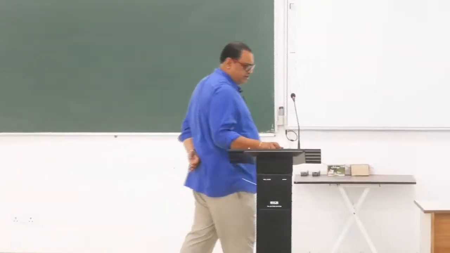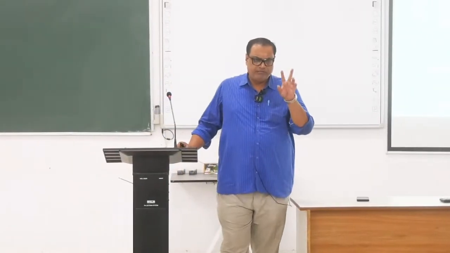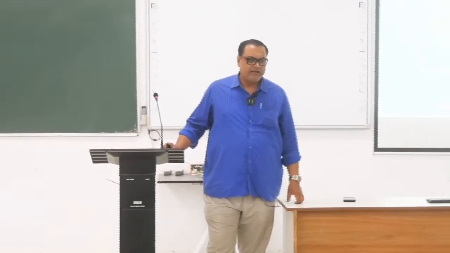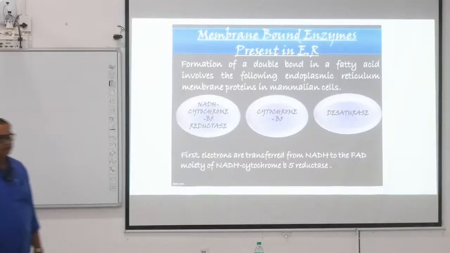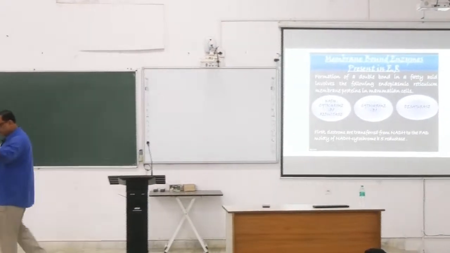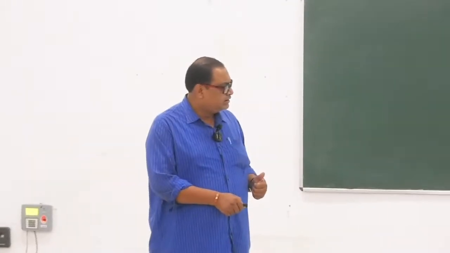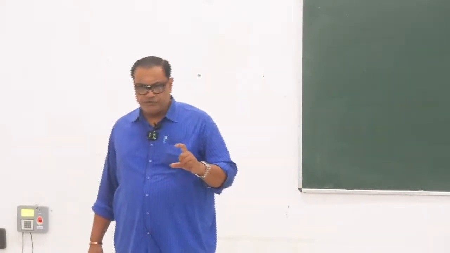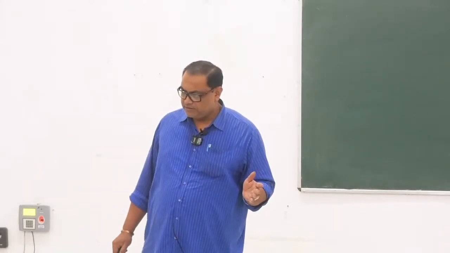Now this chain elongation system broadly has two types of enzyme. One is reductase, another is desaturase. Desaturase introduces a double bond, desaturates, right?